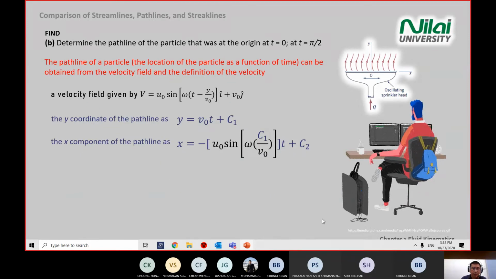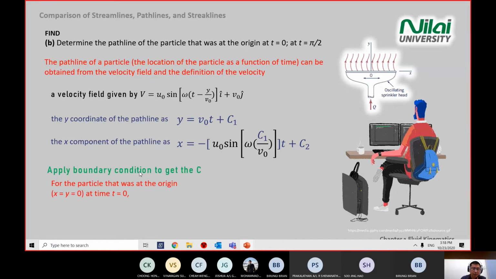Okay. Now from the velocity field, we use some procedure. We get our y equation, we get our x equation. Again, in these equations we have two unknowns, two constant values. So we need to find out what these constant values are. Same procedure, we call out the boundary condition. So boundary condition, x equal to 0. We always find what happens at the origin.